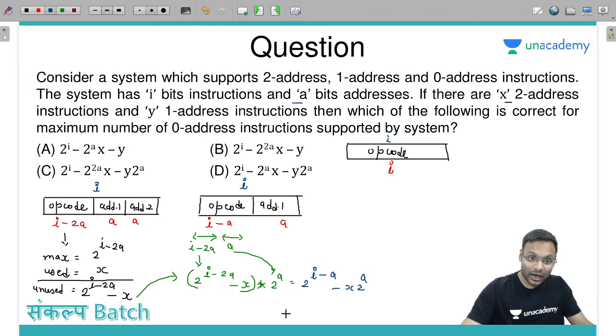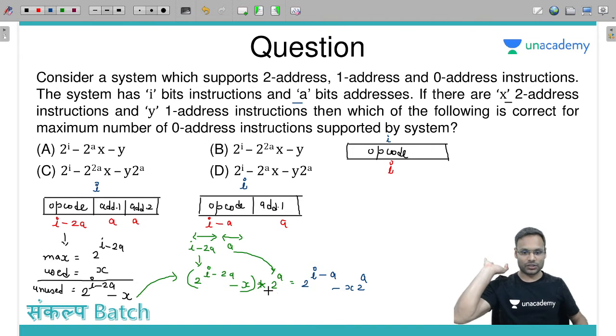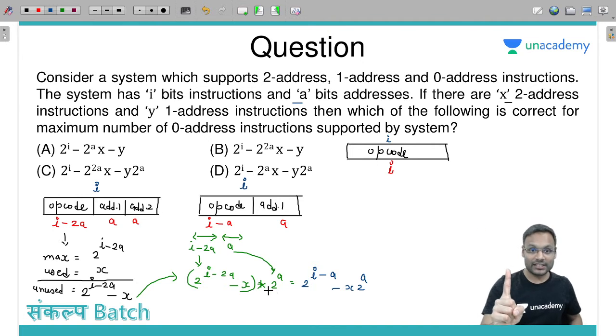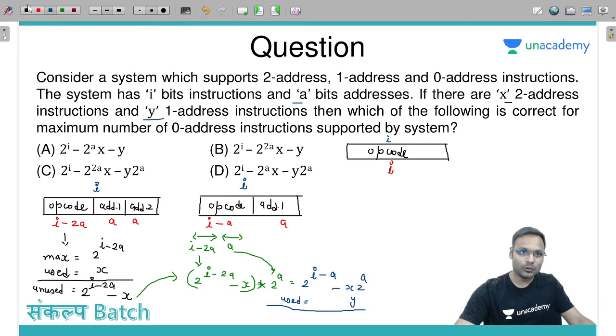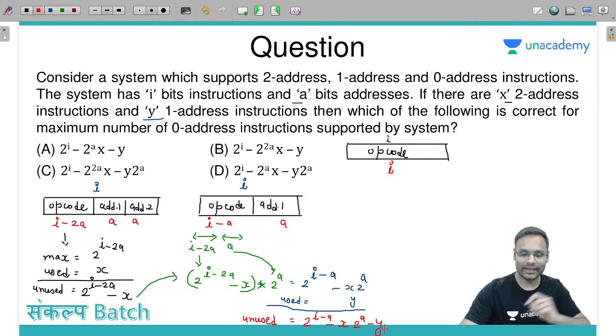These are the maximum one address instructions. And how many one address instructions are used? Y. So used opcodes are Y. Then unused will be 2 power I minus a minus x 2 power a minus y.